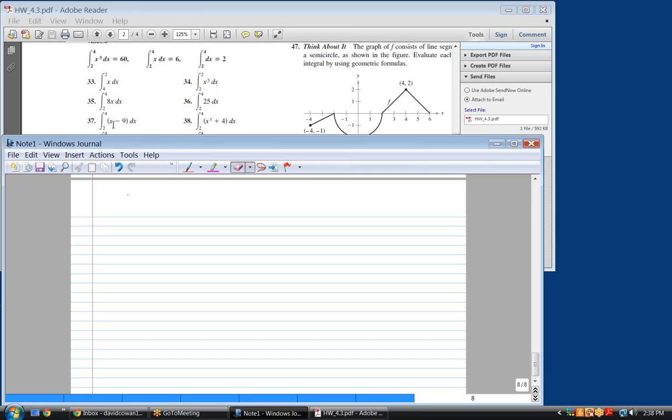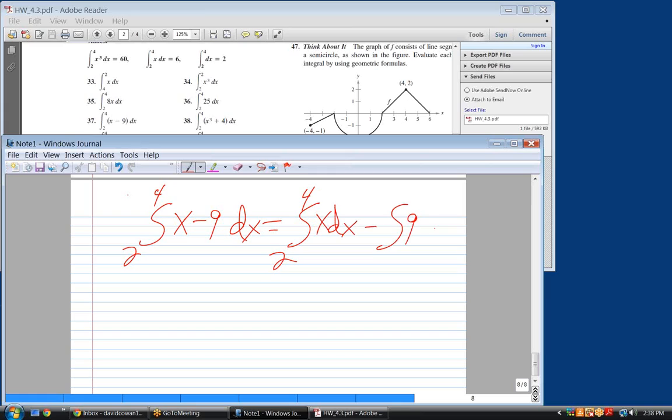Okay, 37. We have the integral from 2 to 4 of x minus 9 dx. If we break that into 2 separate integrals, where we have 2 to 4 of x dx and then 2 to 4 of 9 dx, then for the first one, using that chart, we know it's 6.